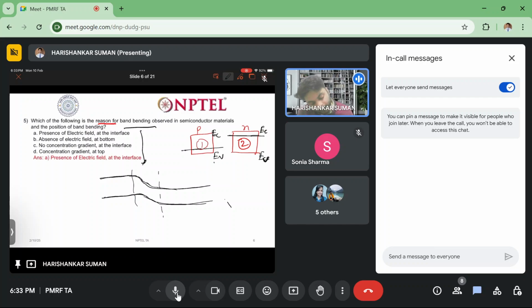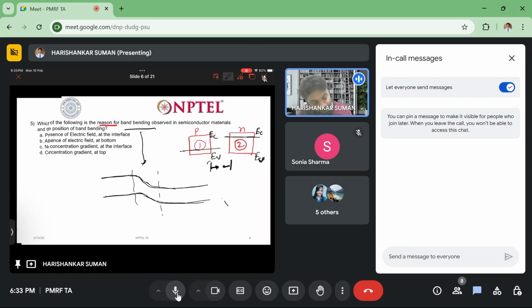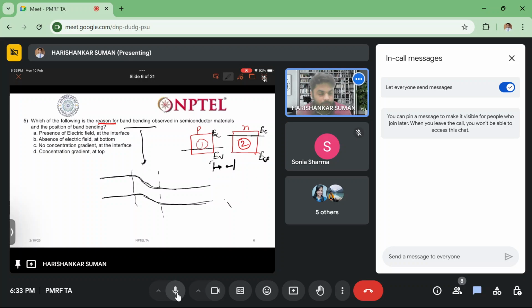If I want to join these two semiconductors, bringing them together, then what will happen at the equilibrium condition? What will happen? Please think.